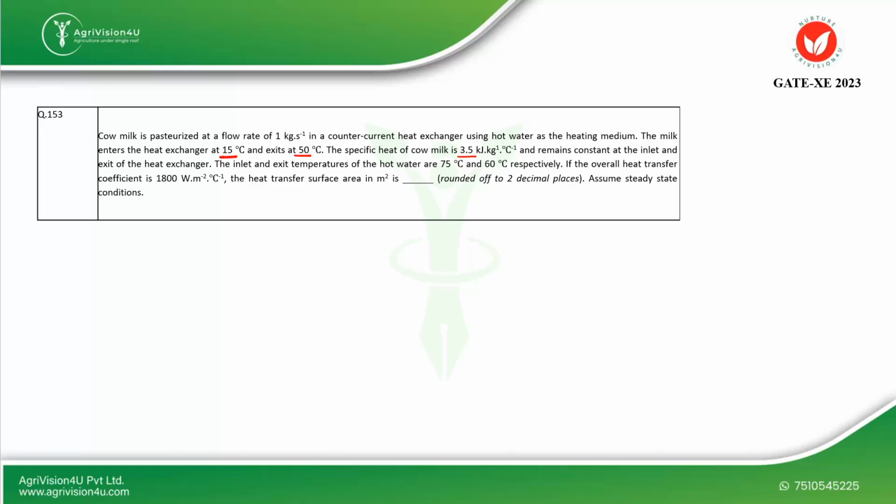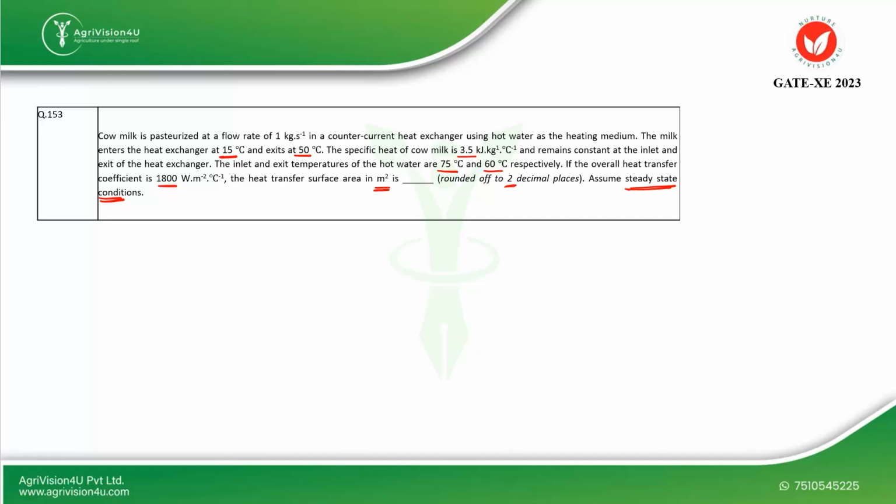The inlet and exit temperatures of the hot water are 75 and 60 degrees Celsius respectively. If the overall heat transfer coefficient is 1800 watt per meter square per degree Celsius, the heat transfer surface area in meter square will be how much? Round it off to 2 decimal places and assume steady state conditions.